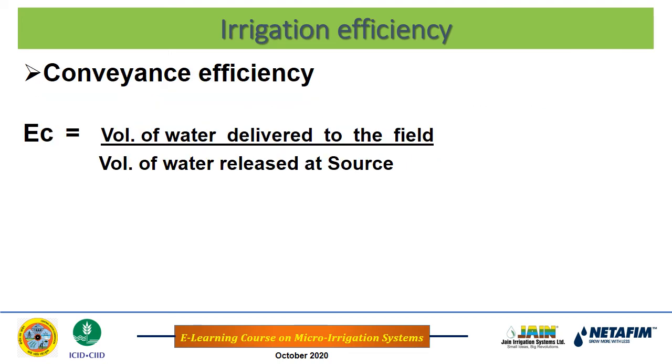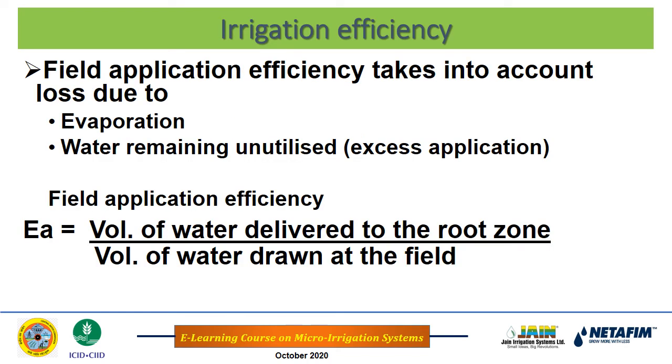What is conveyance efficiency? It is the volume of water delivered to the field divided by the volume of water released at source. So it is the efficiency of carrying the water from source to the field. That gives us conveyance efficiency.